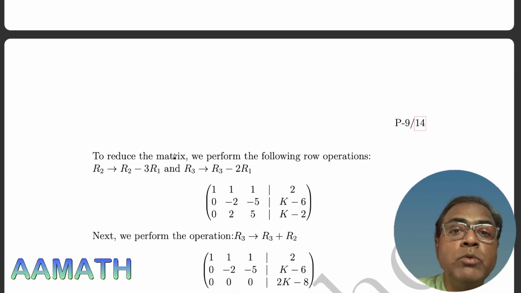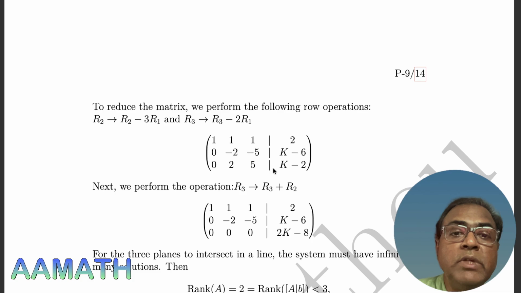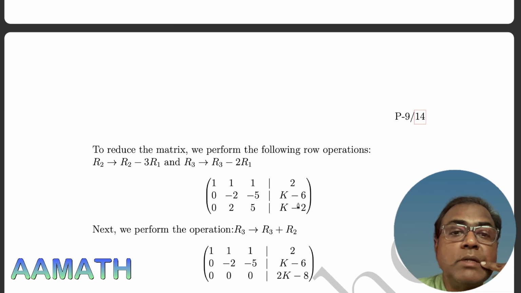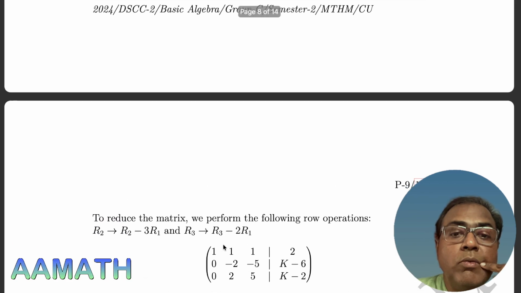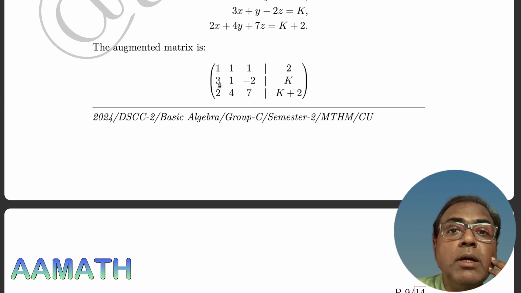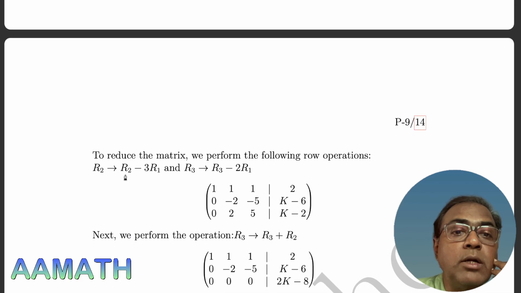Now we want to reduce the matrix. With the following row operations, using the first row 1 1 1, we make the first column entries below it 0. So the operations are R2 equal to R2 minus 3 R1 and R3 equal to R3 minus 2 R1.